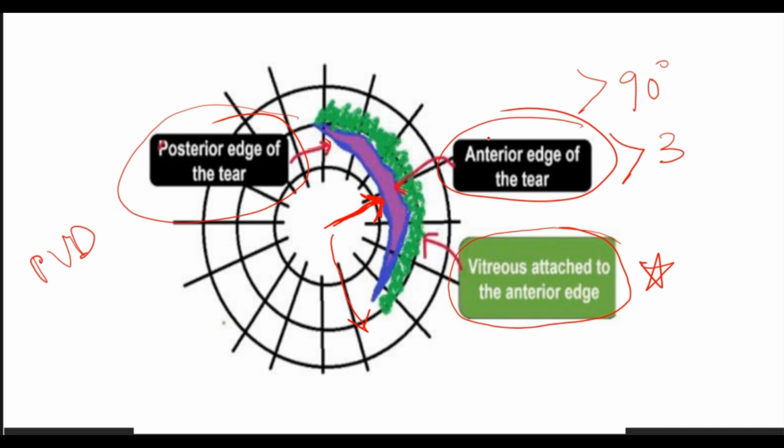Therefore, you will see that the vitreous is still attached to the anterior edge of the tear, and in the posterior edge of the tear you do not find any vitreous because the vitreous has already been separated from the posterior edge of the tear.